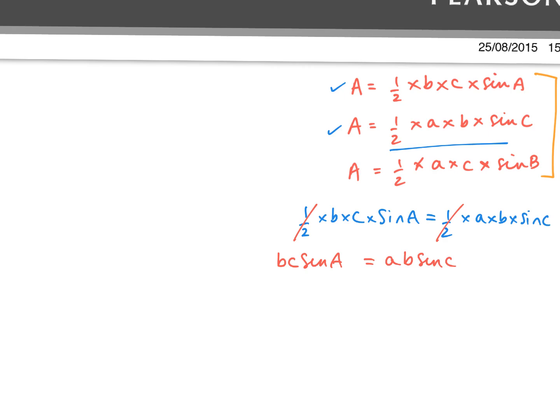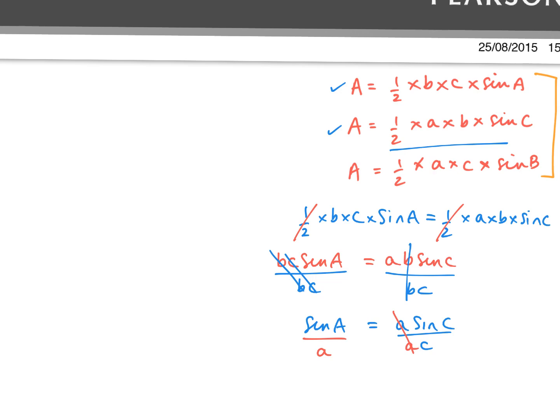And if we divide both sides, say, by BC, what would happen? Well, this would cancel here, and this would cancel here, so we'd be left with sine A. And in this case, we'd be left with A sine C over C. And then if I divided both sides by A, well, look what happens.